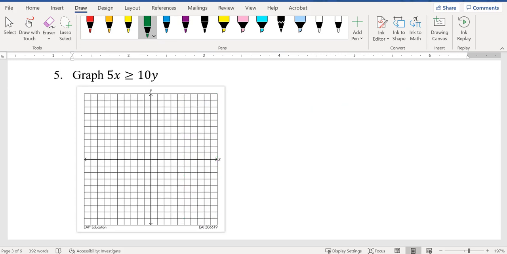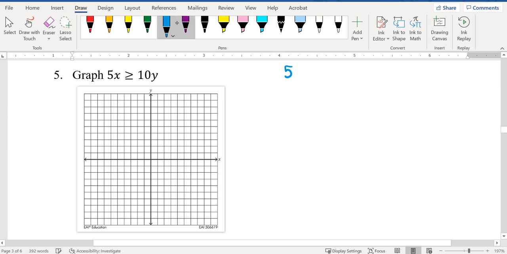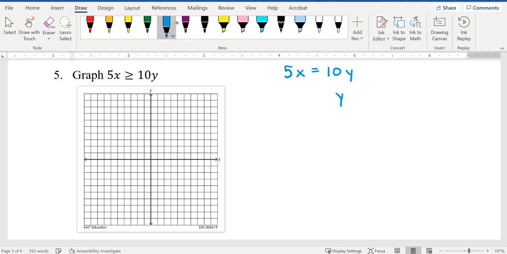Number 5, I want to graph the inequality 5x greater than or equal to 10y. So I'm going to graph the corresponding equation 5x equals 10y. If I divide both sides by 10, I get y equals 1/2 x.